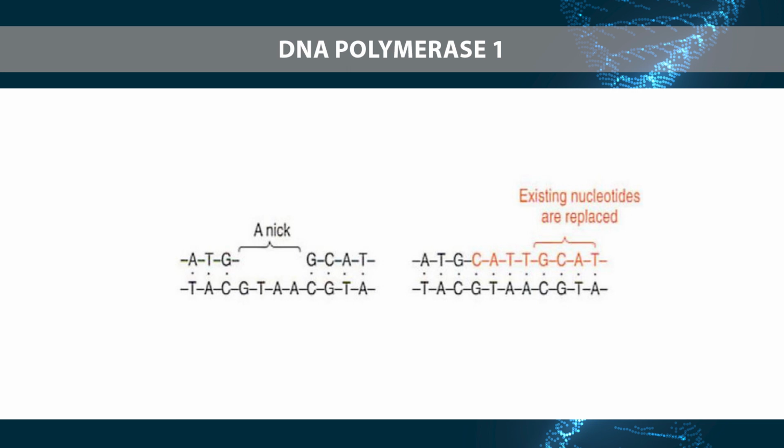These DNA polymerases can also be helpful for filling the nick, but there is another landmark of DNA polymerase 1: instead of filling the nick and stopping there, it will replace the existing nucleotides. Once it gets started, it will keep synthesizing new nucleotides complementary to the template strand till the template strand nucleotides are completed.